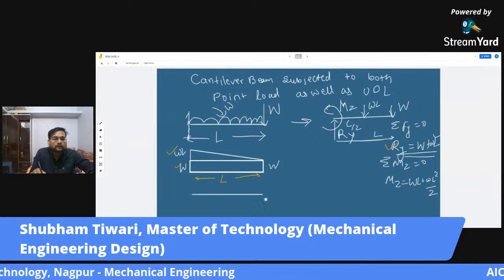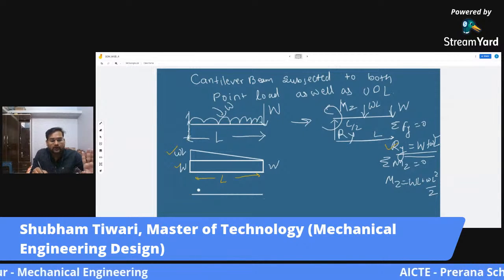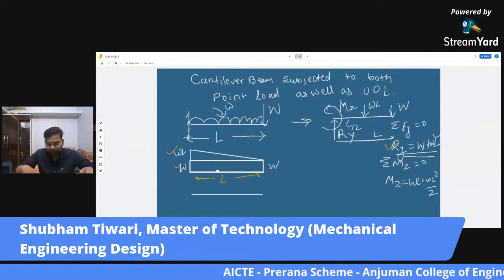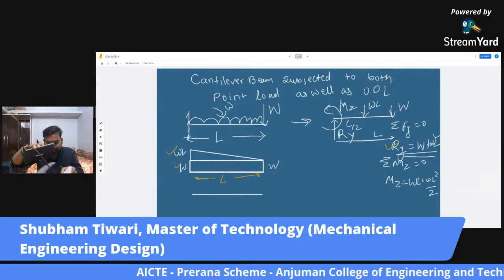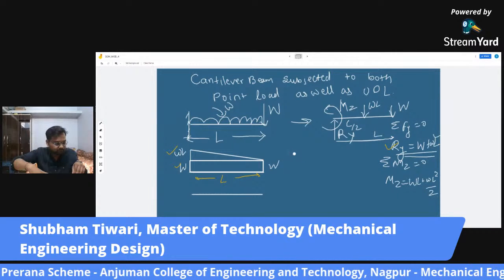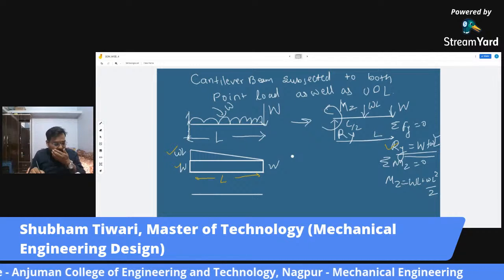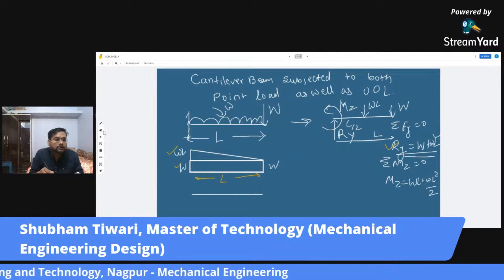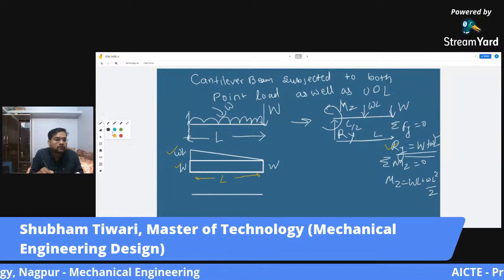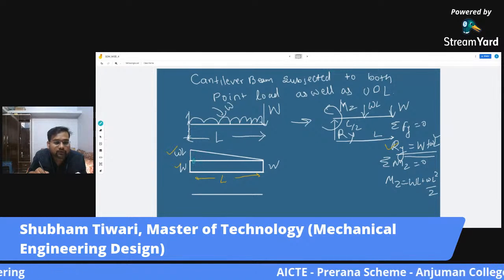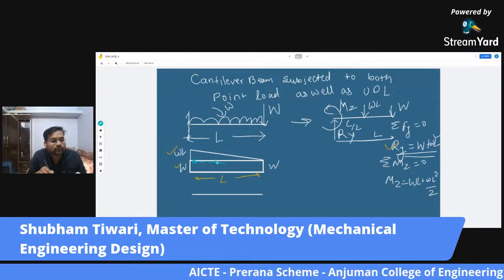Okay, it will go in the downward direction. So for this we have, let me just check it. Yes. Now let me make it clear, so this line does not appear.